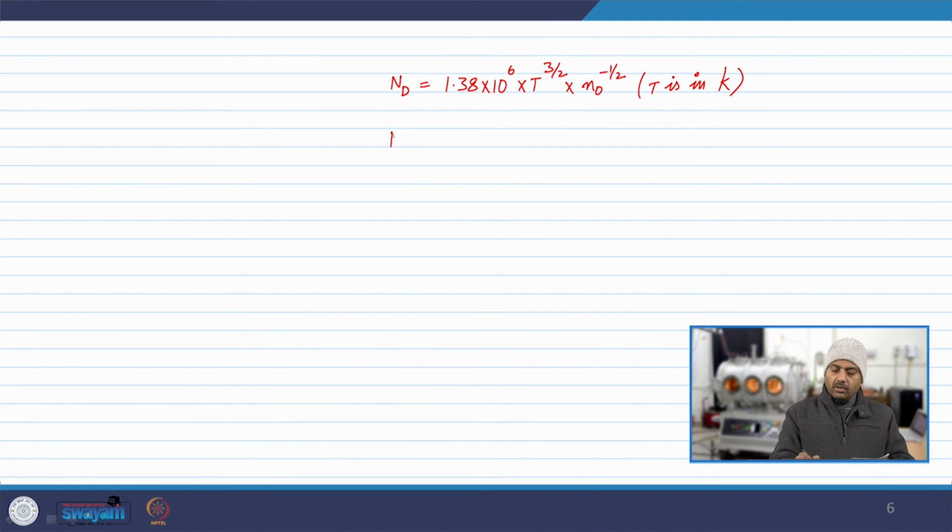The same expression, by using temperature in the unit of electron volt, you can write 10 to the power of 12 into T to the power of 3 by 2 into n naught raised to the power of minus half. So, temperature is in the unit of electron volt, right.